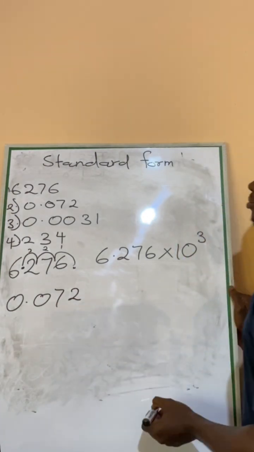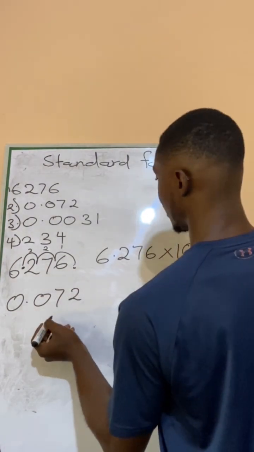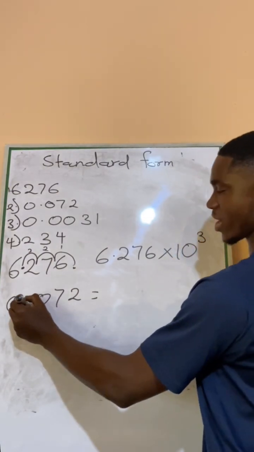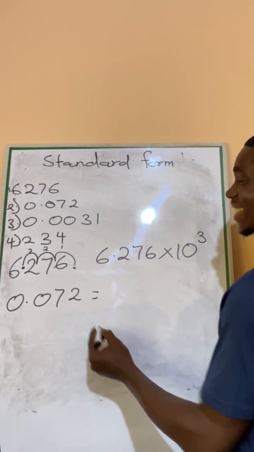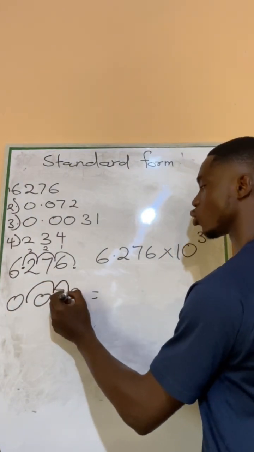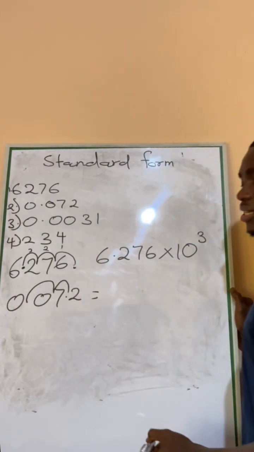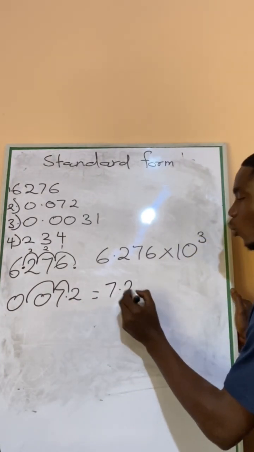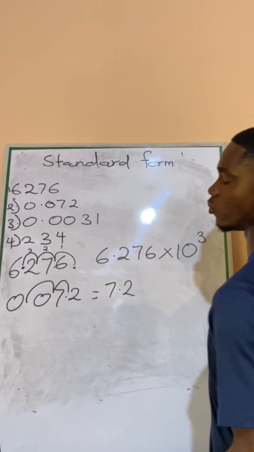Now let's take the second one, where we have 0.072. This time around, we have the point here already showing, and we are supposed to make it a single digit number. Therefore, we move the point 1, 2 behind the first digit. So we are going to have what? 7.2. These zeros are not necessary to write.